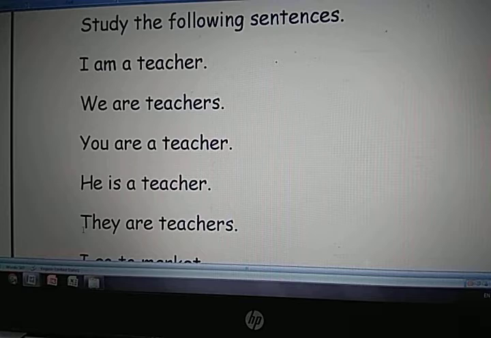Then what happened? He is a teacher. Third person plural, they. They are teachers. So what happened here? When you change the person, the verb form also changes.